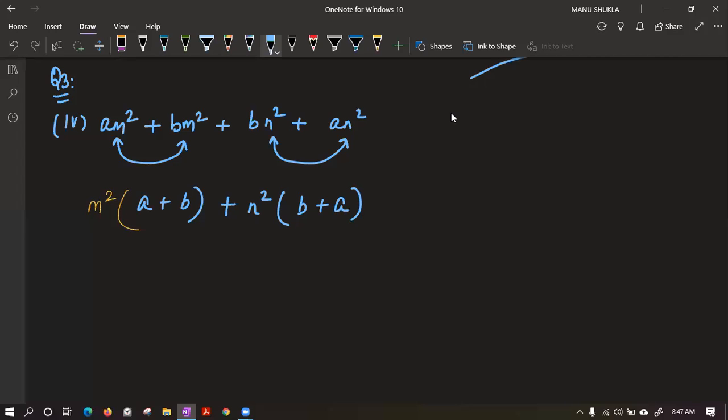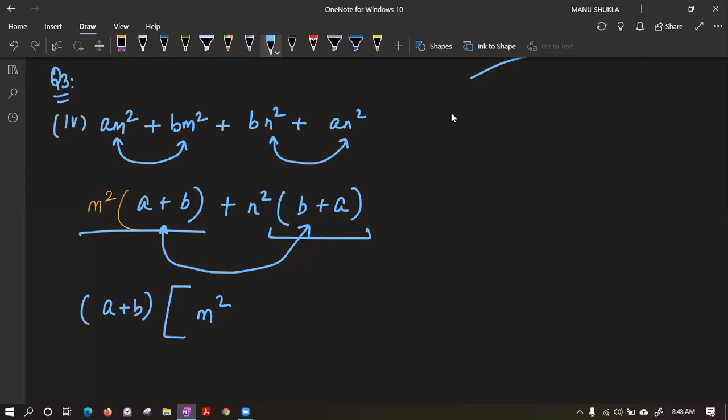And if you observe, class, by this regrouping, we have observed that this thing and this thing is same. So this can be taken common again, and by that we will get a plus b common. In bracket, in the first place m square is left, in the second place n square is left. So with that we have done the factorization.